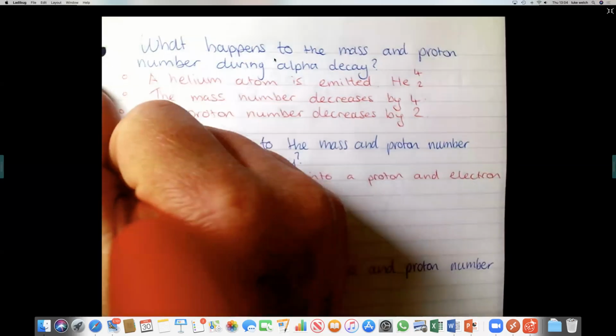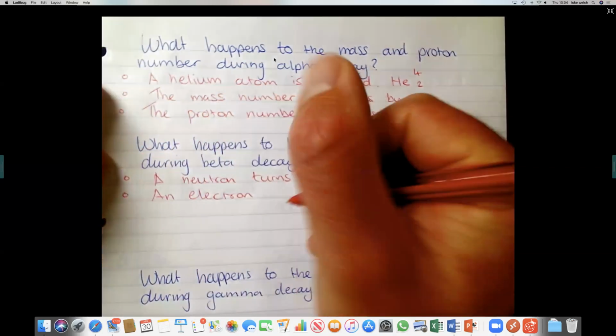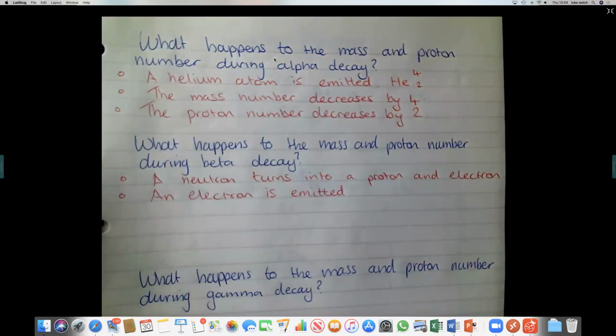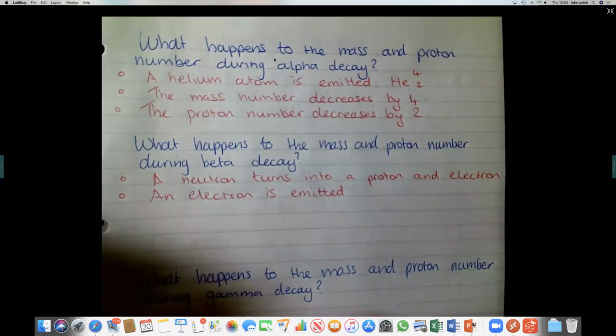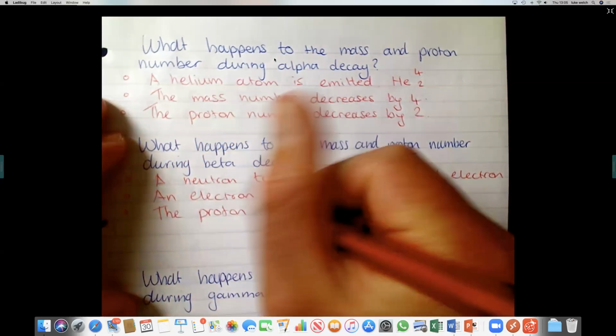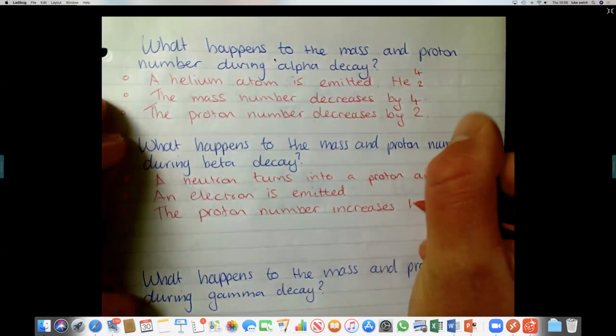Now we know that the electron is emitted. What does that leave me with? That leaves me with a proton. So although it's emitting a negative electron, we have an extra proton now, which is obviously going to affect what our mass number and proton number say. So if I've got an extra proton, it's going to have an impact on the proton number. So the proton number increases by 1.